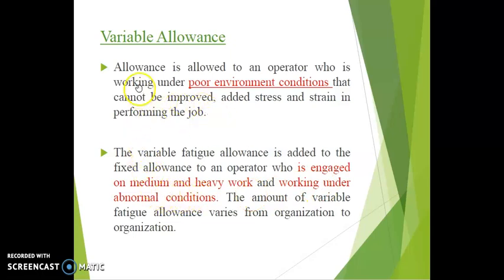In this case we must consider the special allowance in terms of a variable allowance, so that while setting the standard time, workers will take this kind of allowance and the target during a shift, 8 hours a shift, can be met.